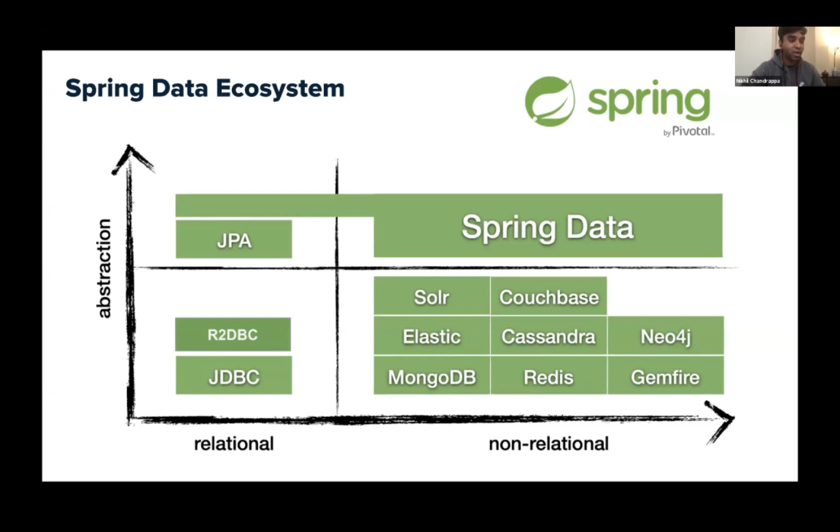Spring Data provides an abstraction for all the databases, a unified way of accessing a database, whether relational or non-relational. It provides a bunch of APIs which are common across all these products.